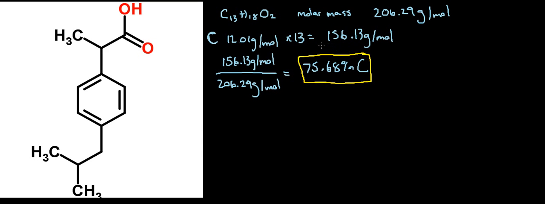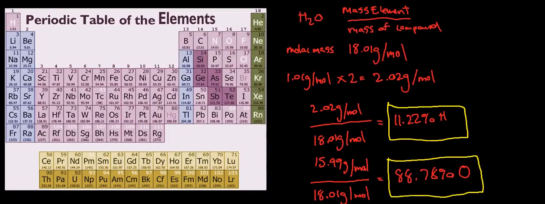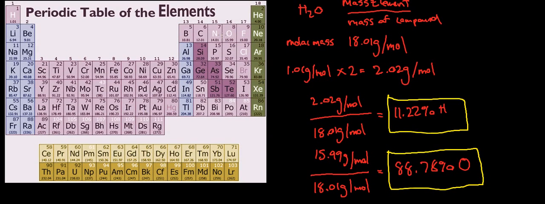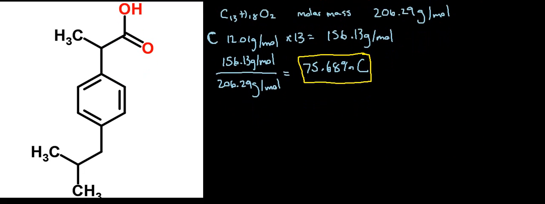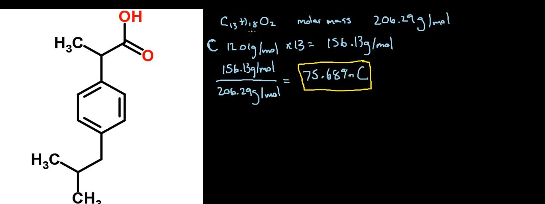And this is kind of expected because there's a lot of carbon. Carbon is not as large as oxygen, but it's very close to it on the periodic table. It has a mass of 12.01 grams per mole. Oxygen has 15.99. There are only 2 oxygen atoms in this molecule.